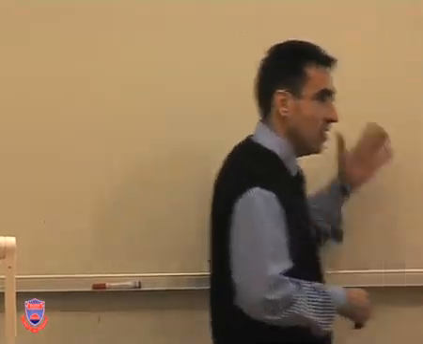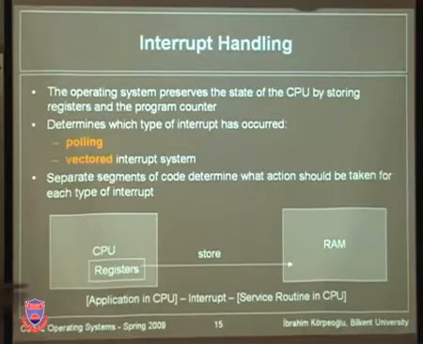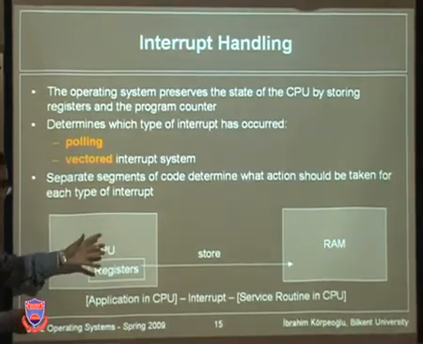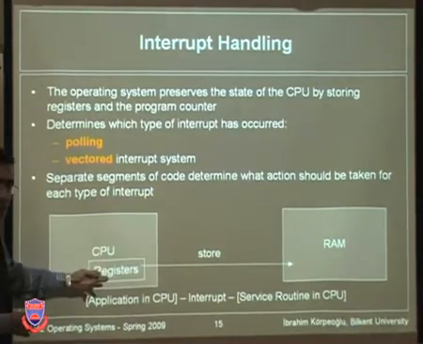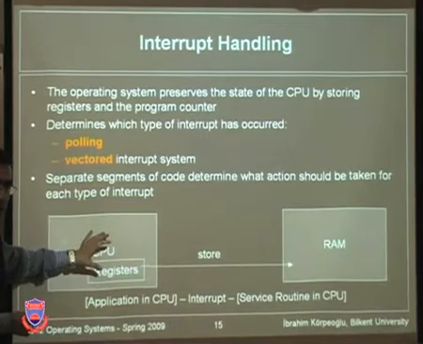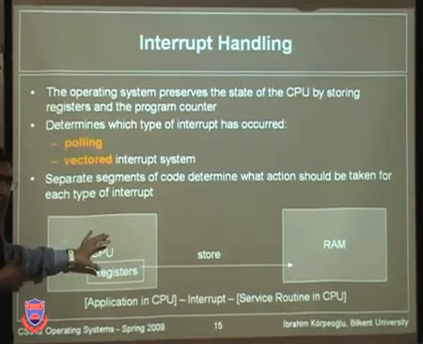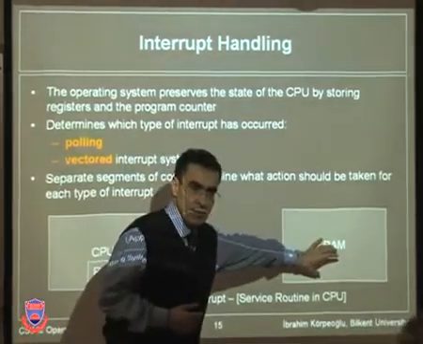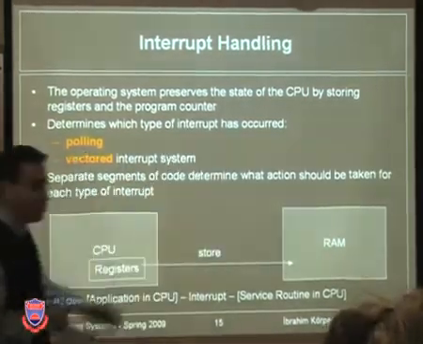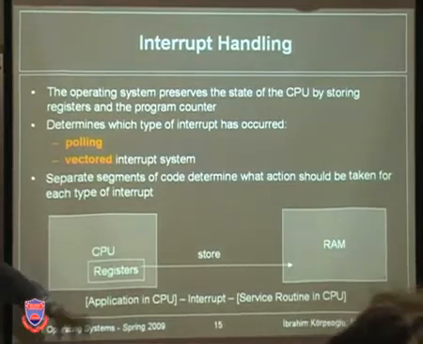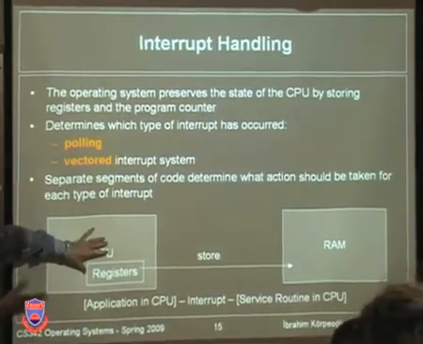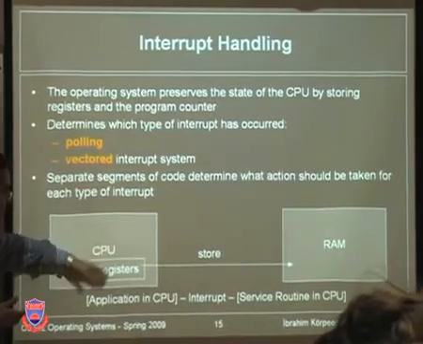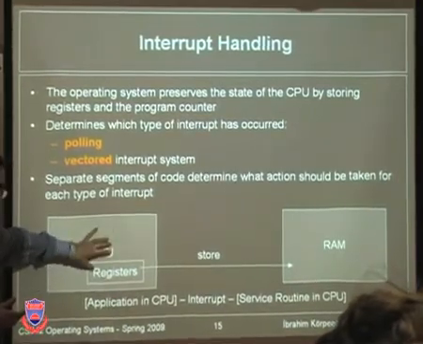The application was running in the CPU, an interrupt arrives, so the application has to be suspended. But the application was using these registers, it had a program counter and so on. Since the application will be run again later, we save this CPU state to memory and then run the operating system code, the handlers, in the CPU, so that they can overwrite those values.